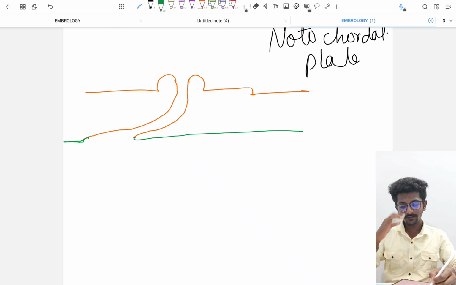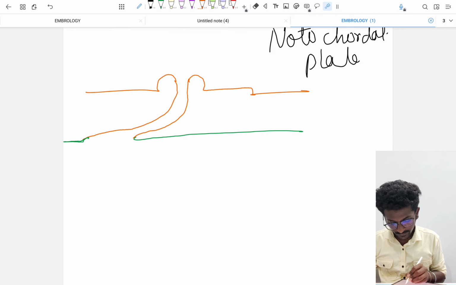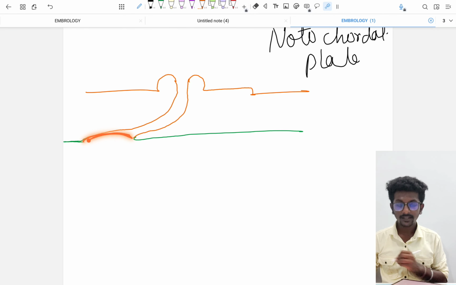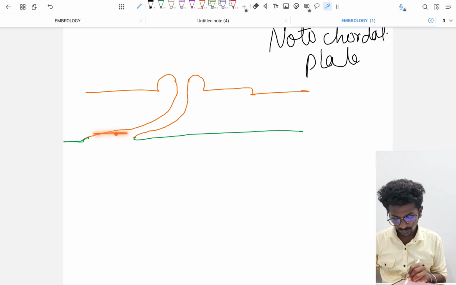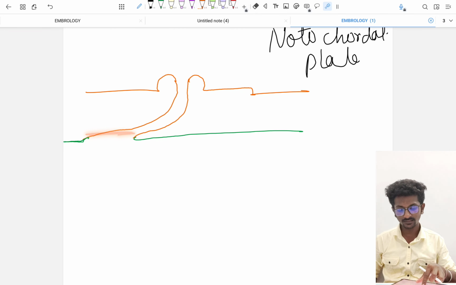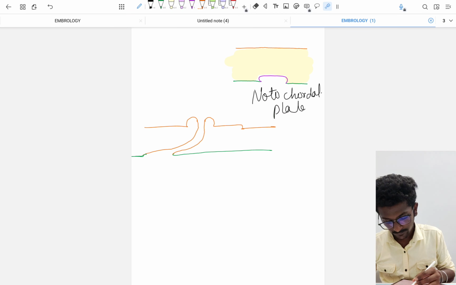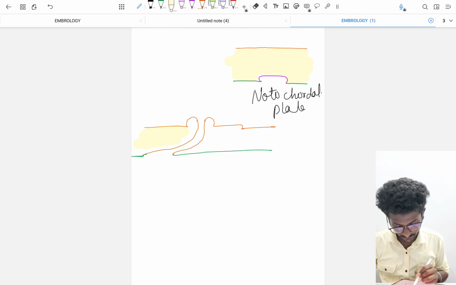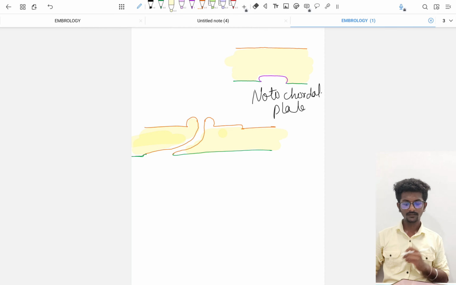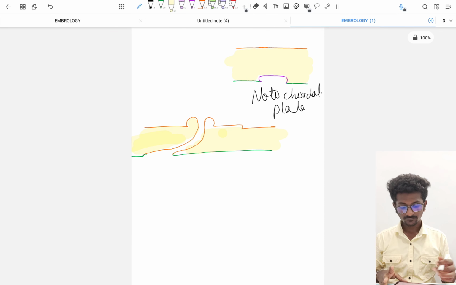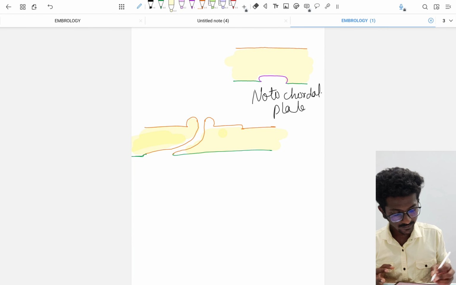Now in this diagram you can very clearly see that it is very close to this opening, therefore it is forming a roof like structure or a plate like structure, therefore it is called the notochordal plate. And this is the intraembryonic mesoderm.